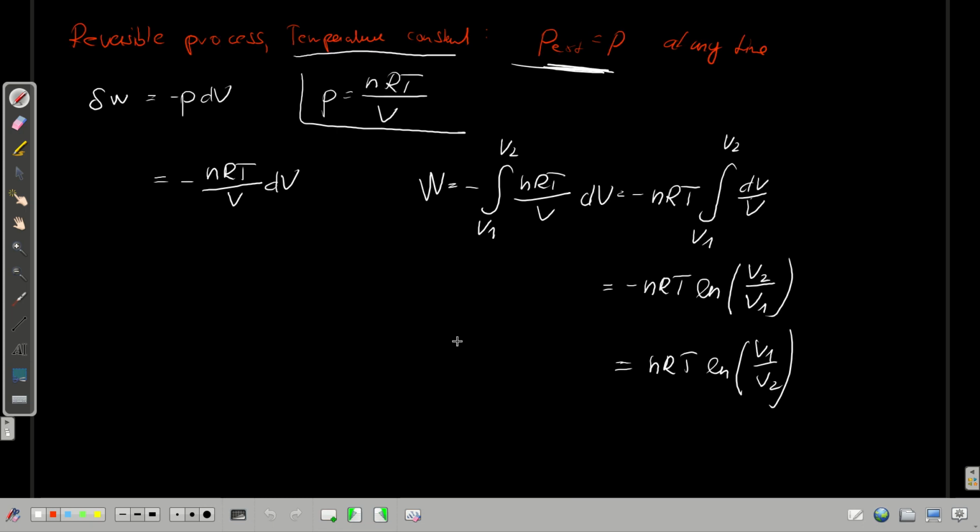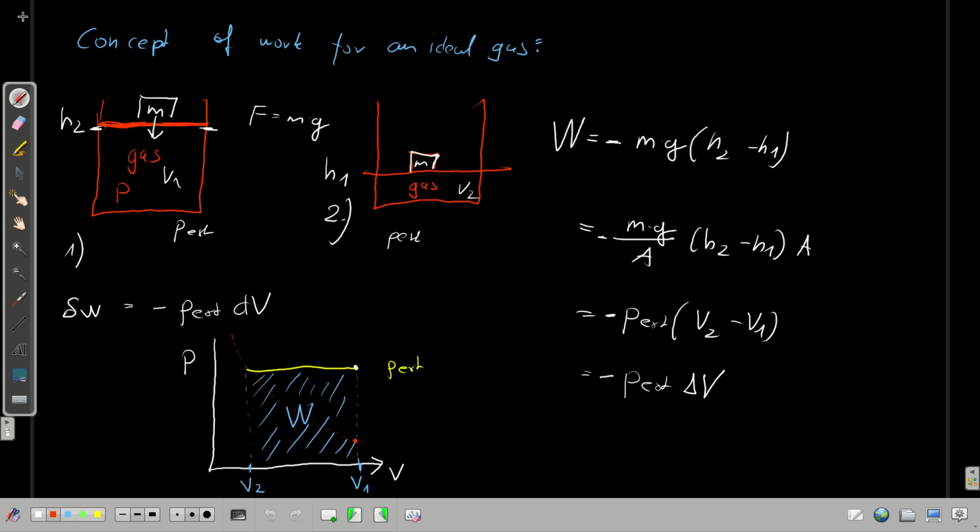So now we have got some training with the concept of work for the ideal gas, which is useful when studying the first law of thermodynamics with the ideal gas concept, and we also derived an expression for the work of an ideal gas when the external pressure is constant, or a general term for the work when using the concept of an ideal gas.